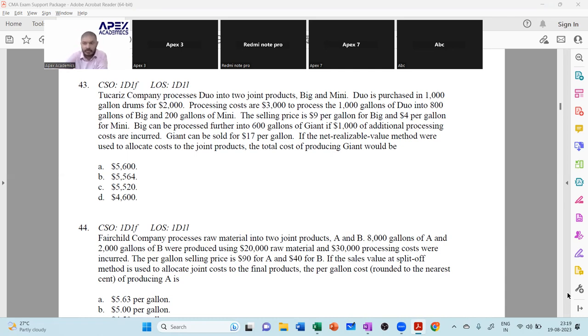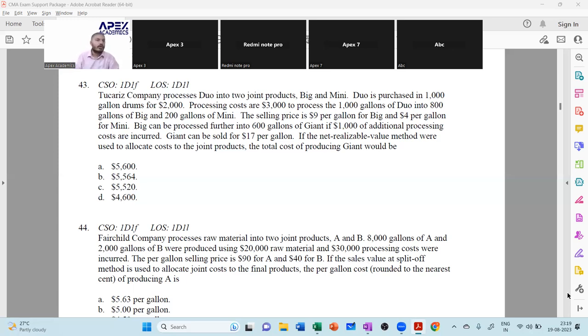Big can be further processed into 600 gallons of giant if $1,000 of an additional processing cost is incurred. Giant can be then sold for $17 per gallon if the net realizable value method is used to allocate the joint cost. The product total cost of producing the product giant is how much?